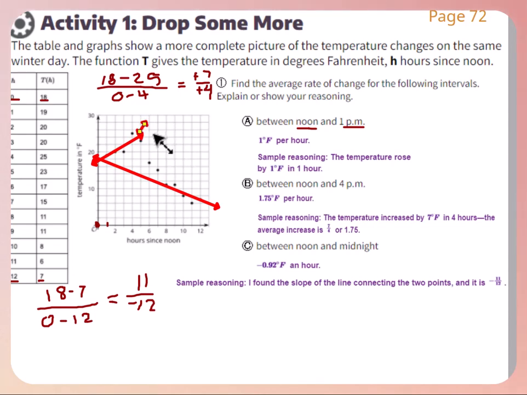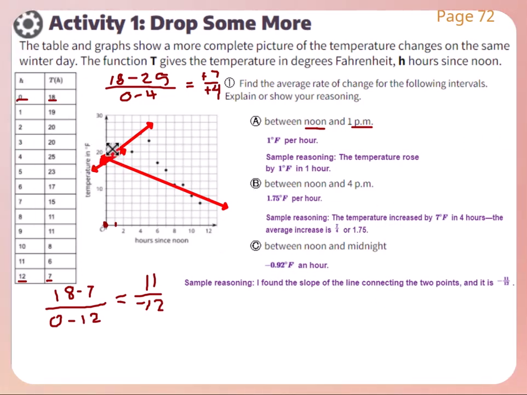All right, let me undo that. That didn't connect quite right. Okay, and then between noon and 1, that would be this right here. So they're all going to be a little bit different. Just make sure that you know how to find the slope, which is also the rate of change between 2 points.